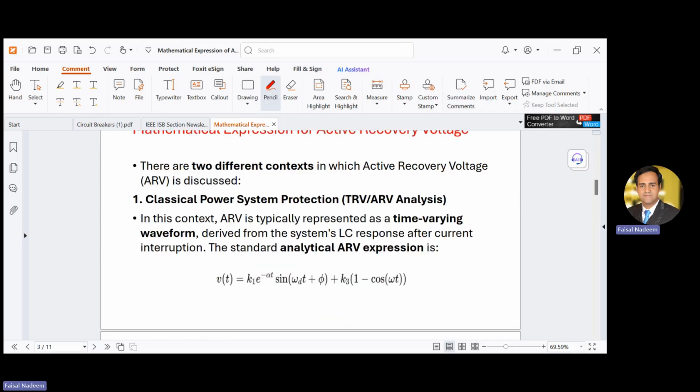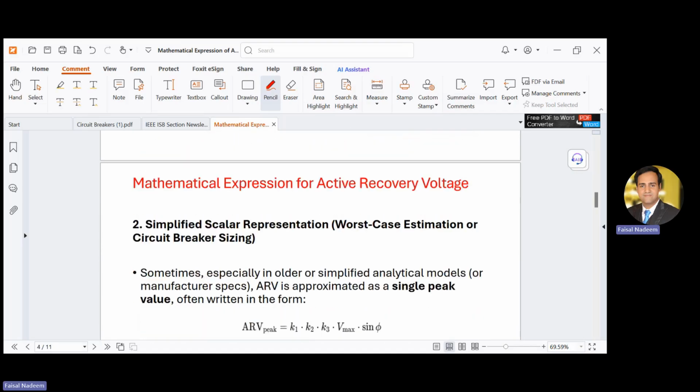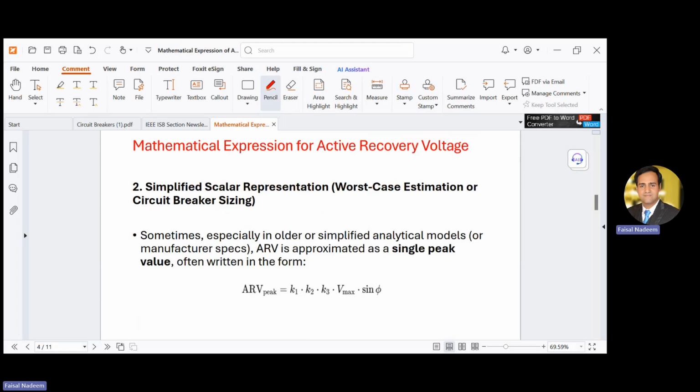And whenever the active recovery voltage is written in the other form, it means they are discussing the change in active recovery voltage with the change in time. Naturally, most of the time the peak values are utilized by industry people or manufacturers of the equipment, to have the peak value that may occur in any worst case scenario and manufacture a circuit breaker keeping in mind the peak disturbance that can occur on the system.